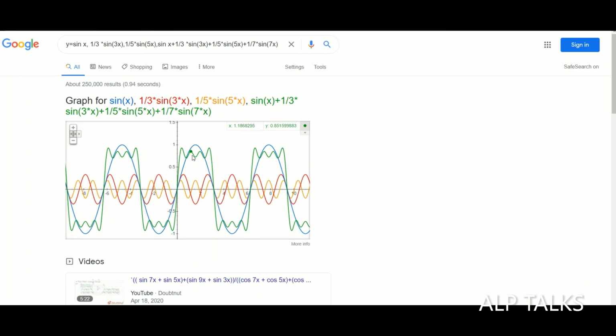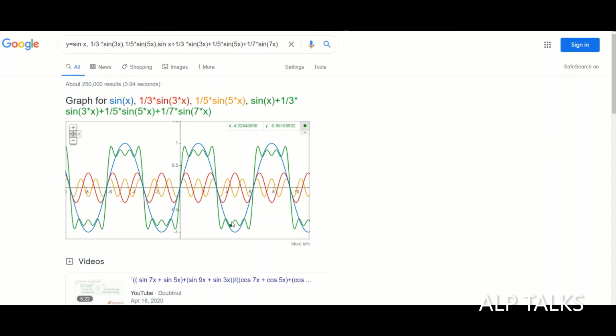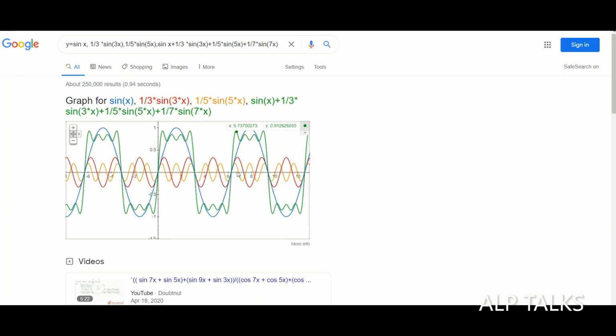By including harmonics, the area under the graph is much higher, so it will have adverse impacts like heating. How to reduce these harmonics we are going to see in our next videos, and I will also clearly explain why these harmonics come.